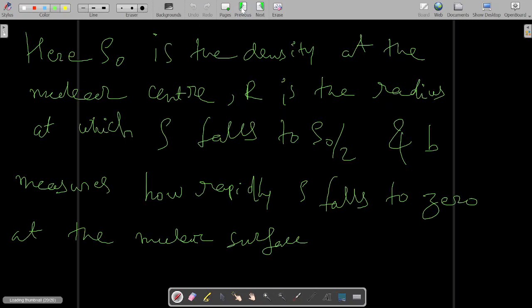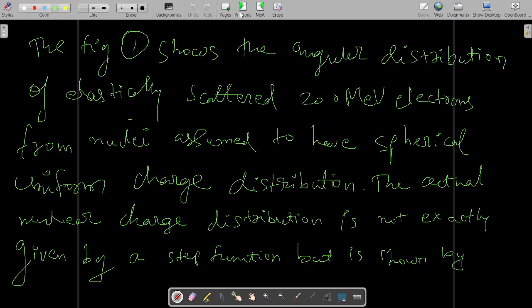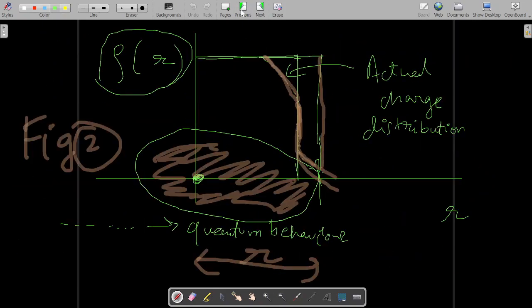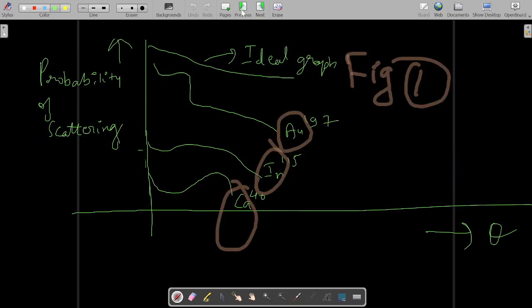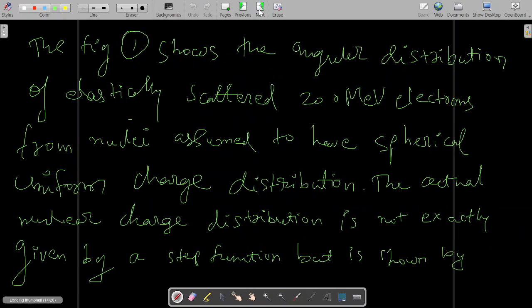So over here in the figure, this probability of scattering can also be written like this, intensity. Intensity can also be written in that place.